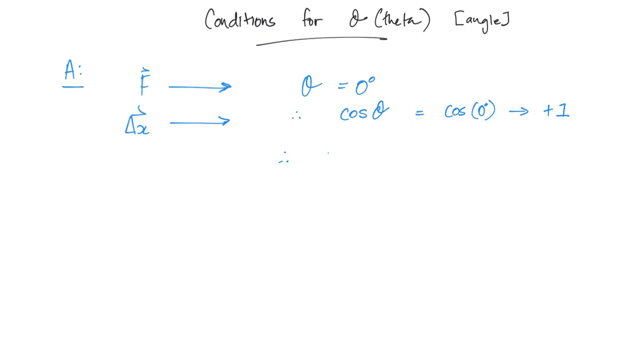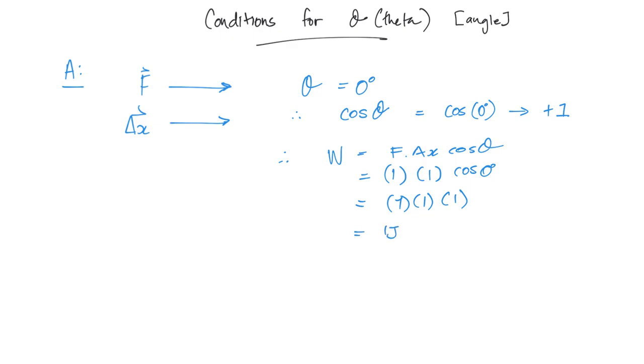So work done is equal to the force times delta x cos theta, and you will substitute in 1 times 1 times cos 0 degrees, and that will give you 1 times 1 times 1, and that's going to give you 1 joule.